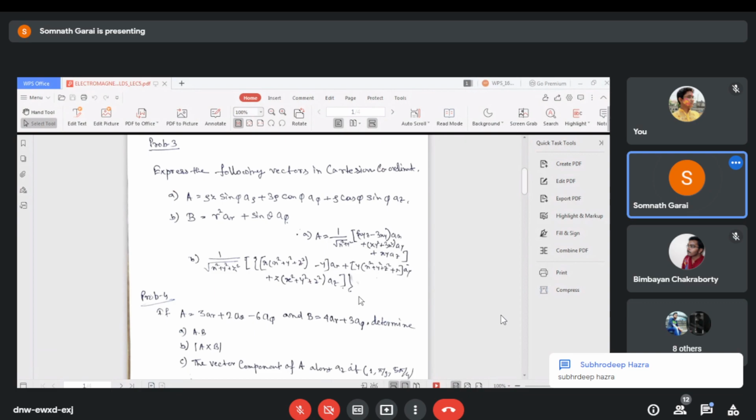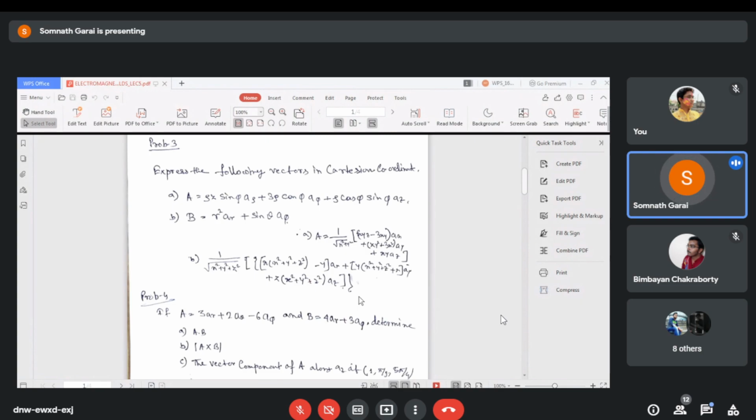So Ax is equal to A rho cos phi, that is x by root under x square plus y square A rho plus y by root under x square plus y square A phi.